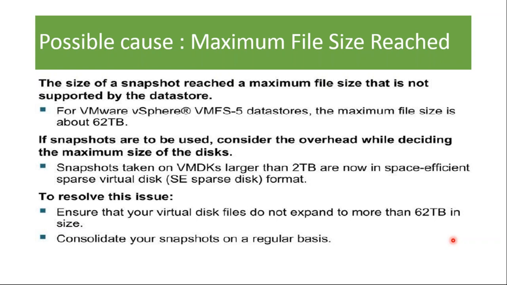Day by day, your virtual machine performance will decrease drastically because your snapshot file will grow, and the data store space also increases, and if it is exceeded your virtual machine will go down. That is also one of the major impacts. So any questions on this particular slide?